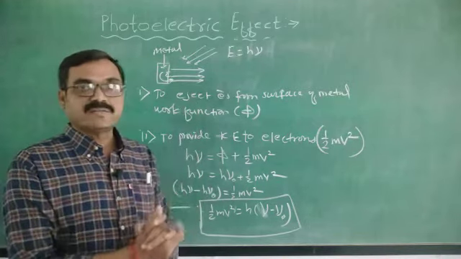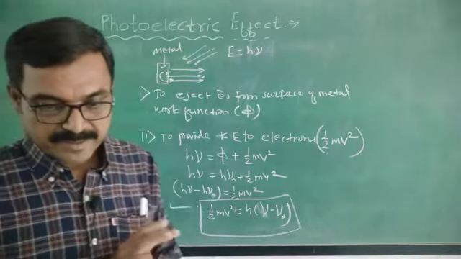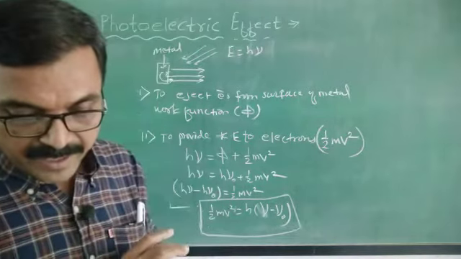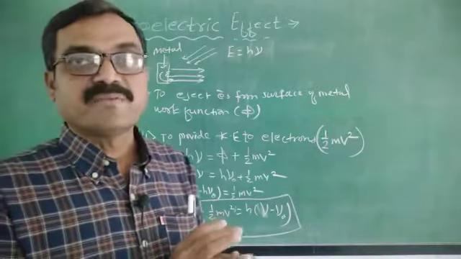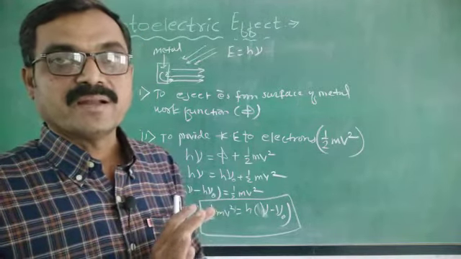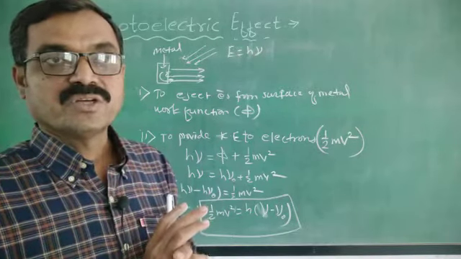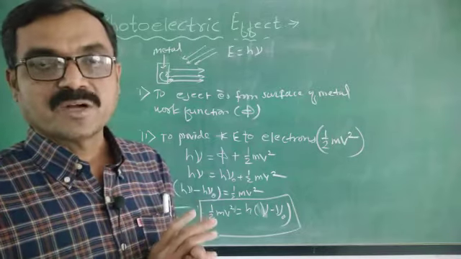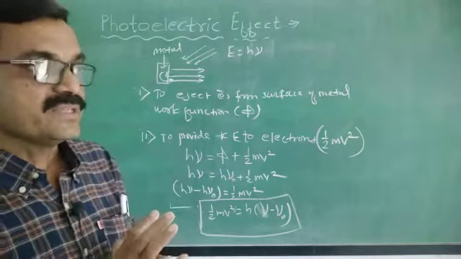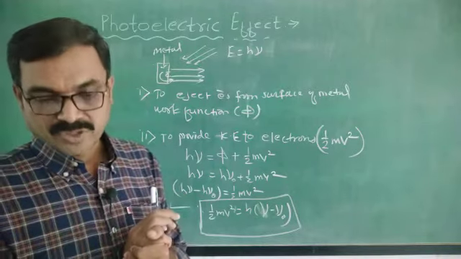This photoelectric effect explained on the basis of 3 points. Now first point, for each metal there is a minimum frequency required by the radiations below which the ejection of electron is not possible. Such a frequency of radiation is known as a threshold frequency, that is nu 0.